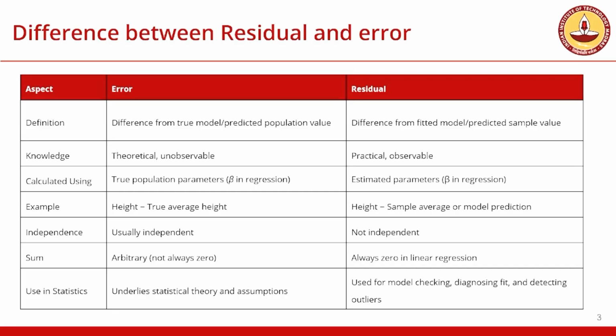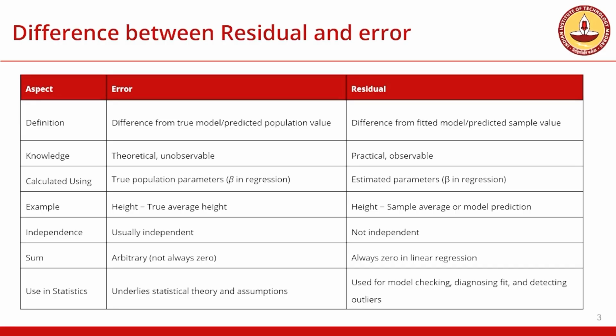For example, if the true average height of 21-year-old males is 1.75 meters and one individual measures 1.8 meters, the difference, or error, between them is plus 0.05 meters.